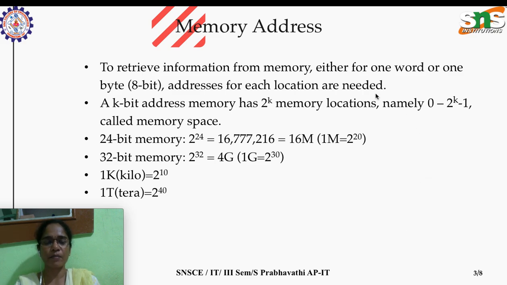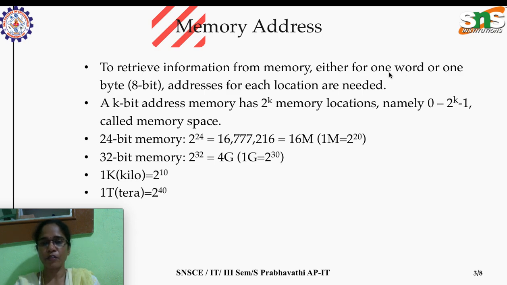So the address can be for either one word length or an 8-bit byte, okay. So here it is saying about retrieving the data stored in the memory, that is either one word or one byte. In this example, that one word may be 16 bits or 32 bits.